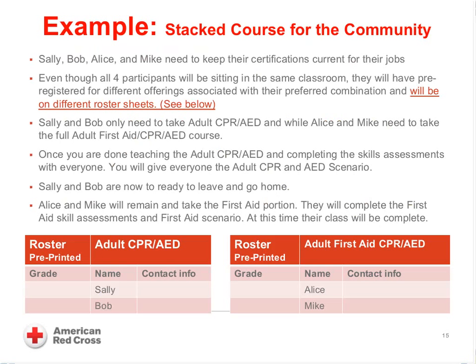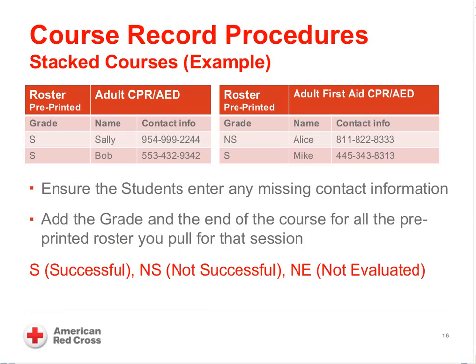After that, Sally and Bob will go home, and you'll continue with the first aid portion with Alice and Mike, okay? And once you finish the first aid skill assessment and first aid scenario, the class will be complete. You will have 2 course rosters. Those are pre-printed, and you would grade them just as the example right here.